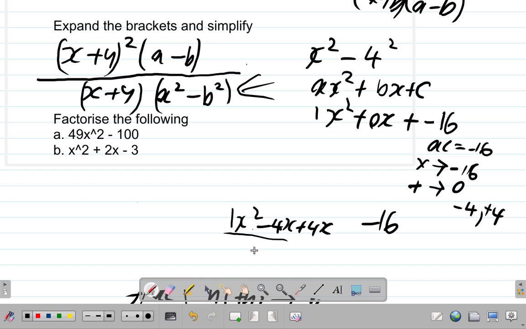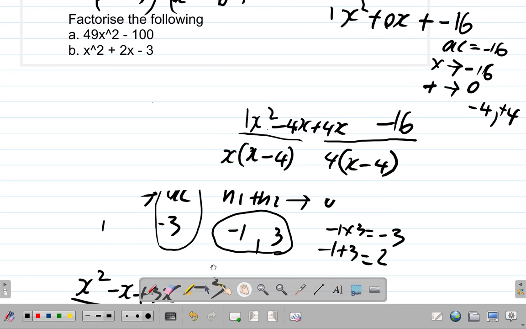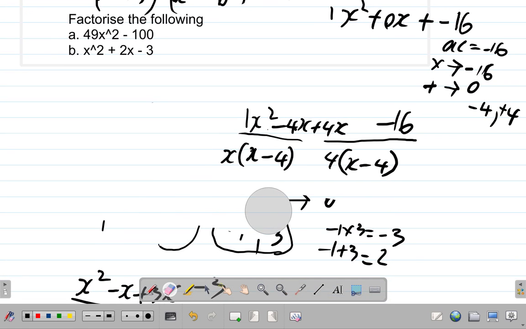Let's factorize these two here. You have x outside the bracket. Inside the bracket, you have x minus 4. When you factorize these two here, you have 4 outside the bracket. Inside the bracket, you have x minus 4. I notice you have the same things inside the brackets, right?